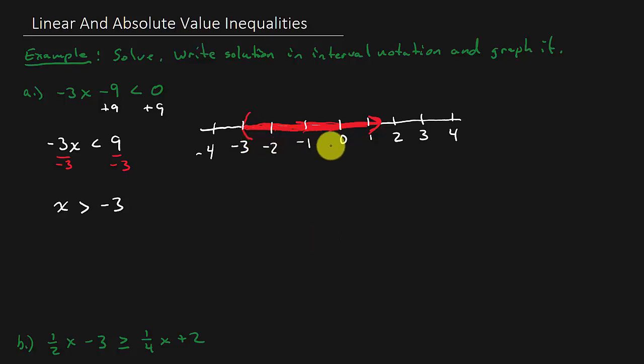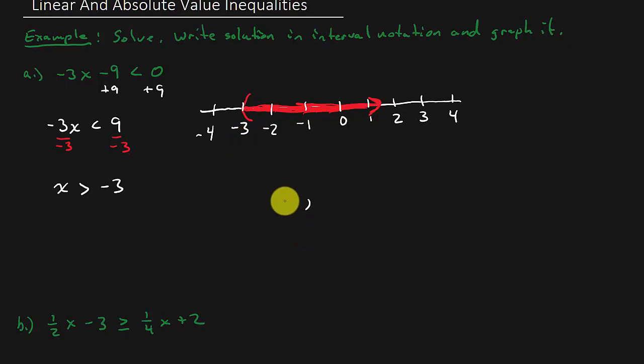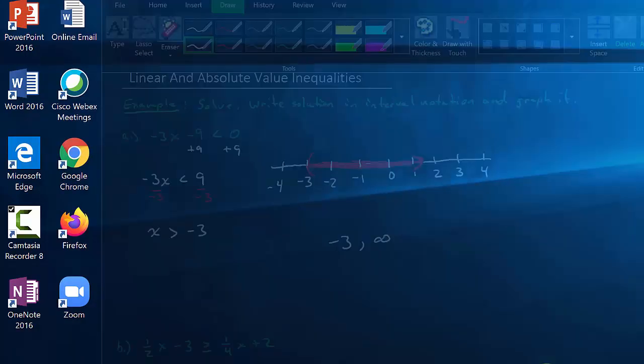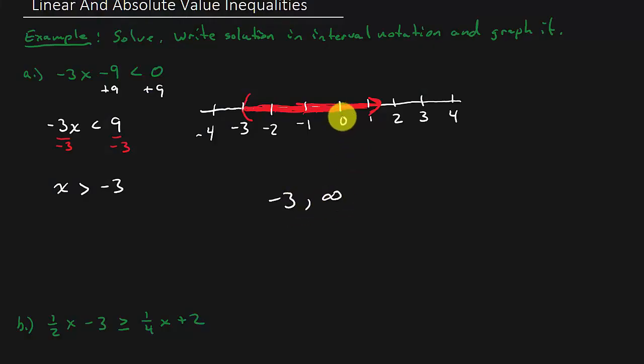All right, so there's the graph. Now let's write our answer in interval notation. Your interval notation consists of two things. It's from the smallest to the largest, and it's separated by a comma. So we're going from -3, and this line is going to infinity.